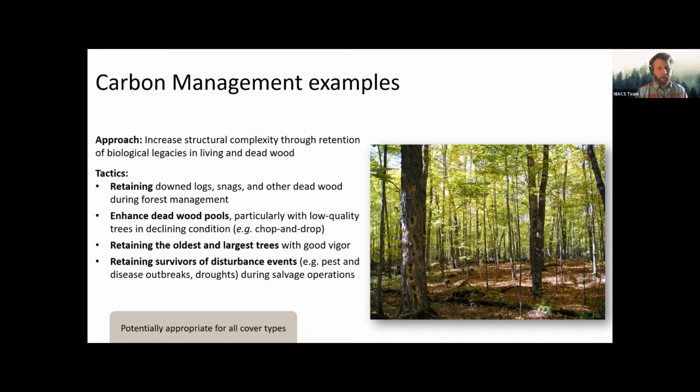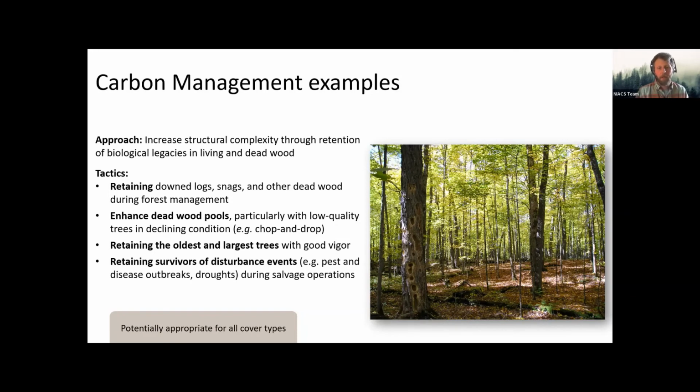In particular, if there are some low quality trees, say pulpwood markets aren't very good, there's not really a good market in your region, is it worth removing that material for a marginal economic gain?